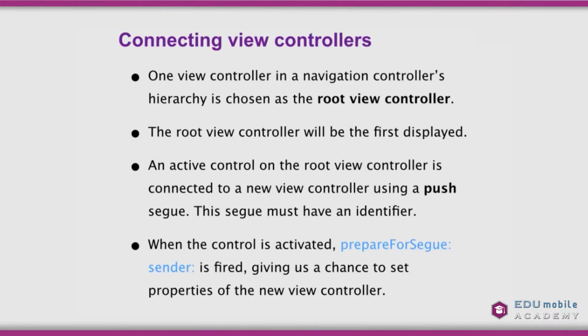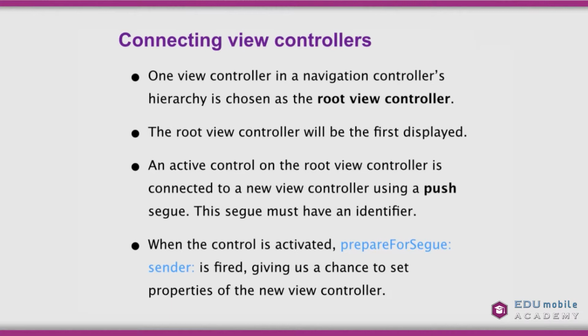So how do we connect view controllers with navigation controllers? Remember, with tab bar controllers, we use relationship segues. With navigation controllers, we use push segues. But there is always a king: there is always one view controller in a navigation controller's hierarchy called the root view controller.